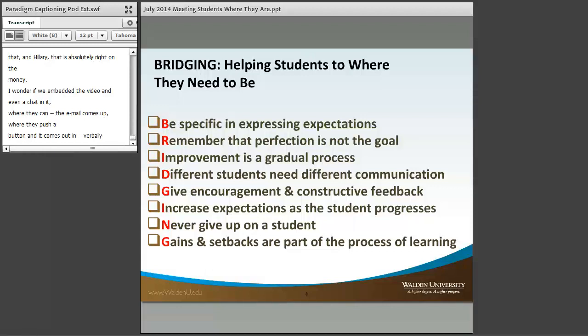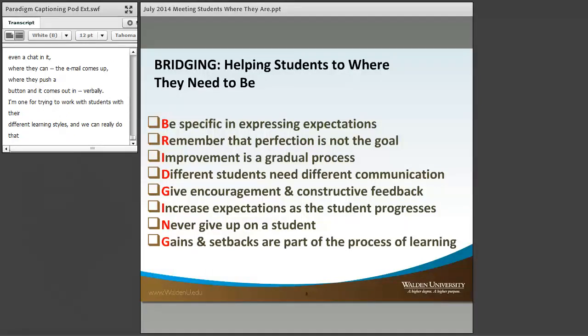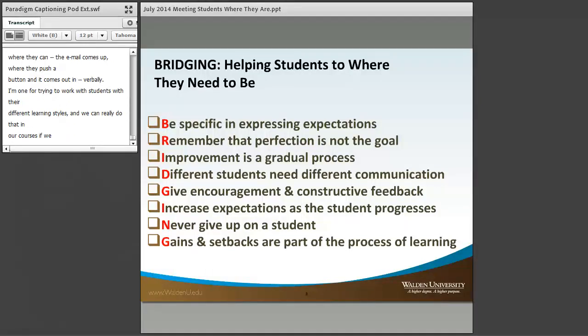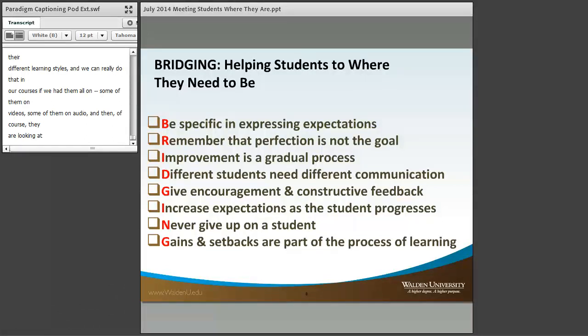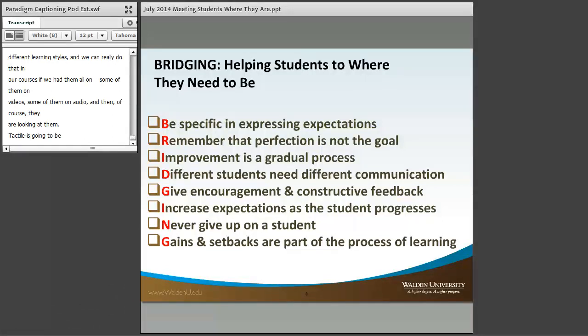I'm one for trying to work with students with their different learning styles. And we can really do that in our courses if we had some of them on video, some of them on audio, and then of course, they're looking at them. Tactile is going to be a real tough one. But I think that's one way that we could overcome it, by sending them a voice.